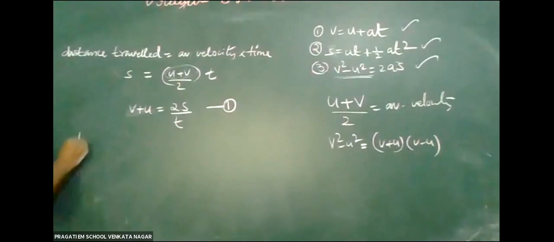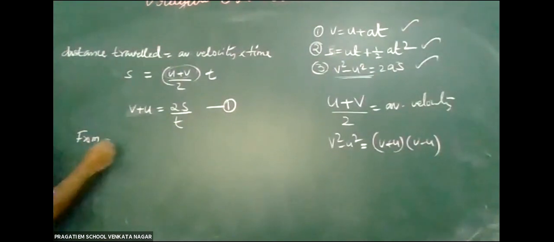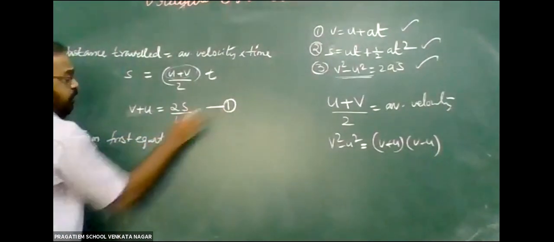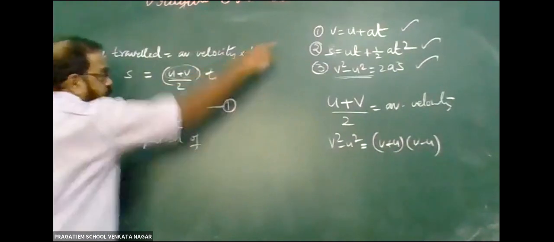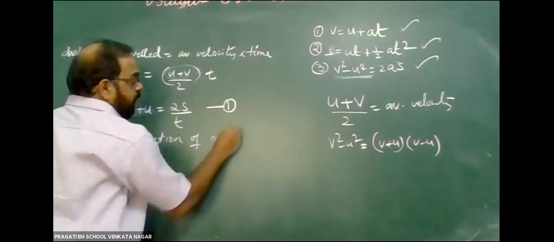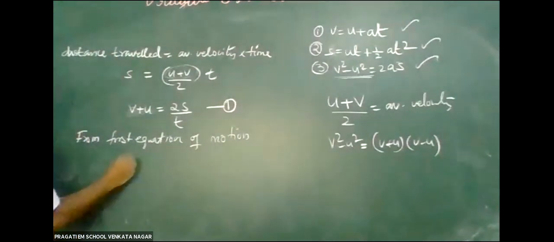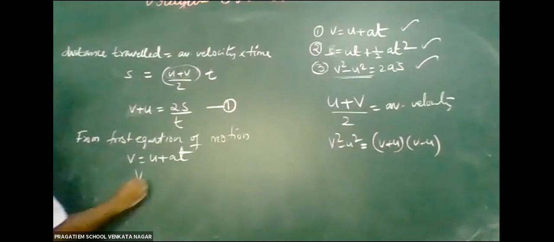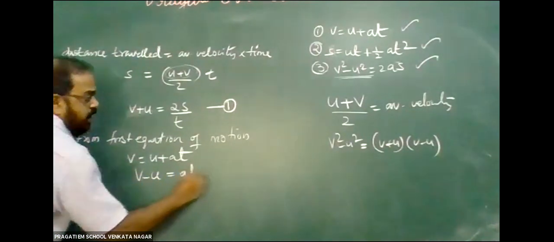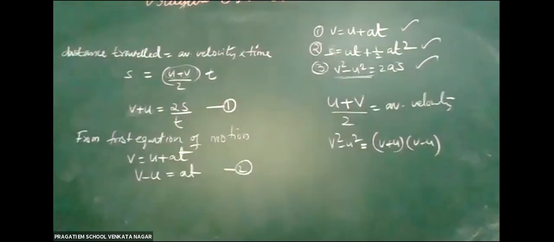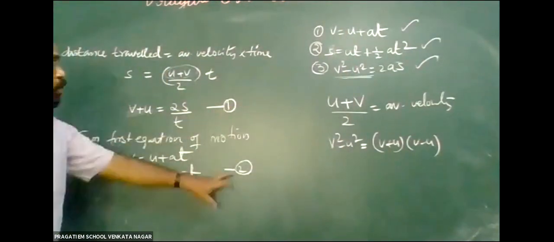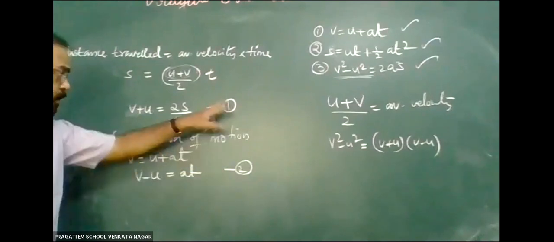Now we consider our first equation of motion. What is the first equation of motion? v is equal to u plus at. Take u to this side: v minus u is equal to at. This is equation number 1. Now we have two equations in this derivation, 1 and 2.